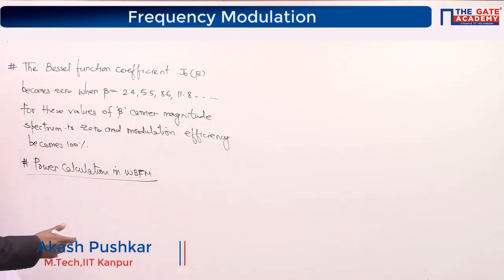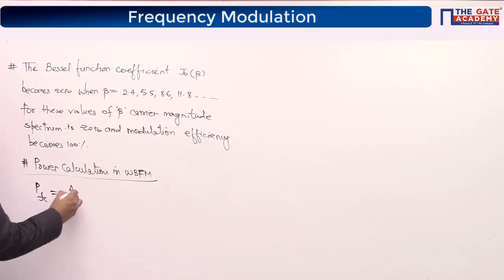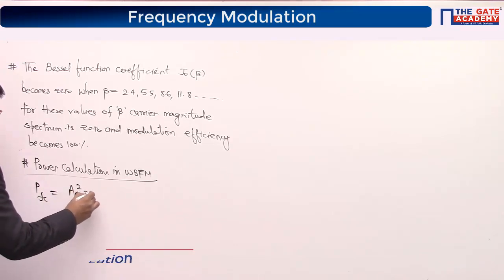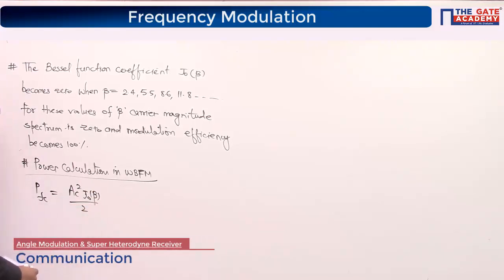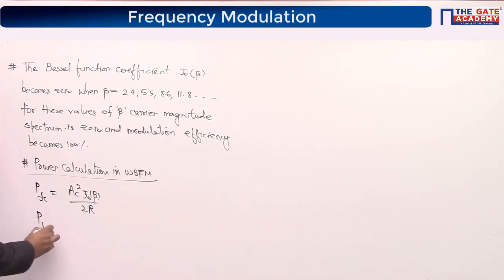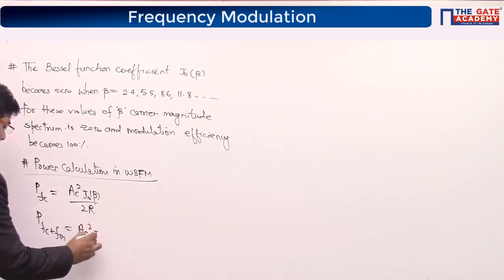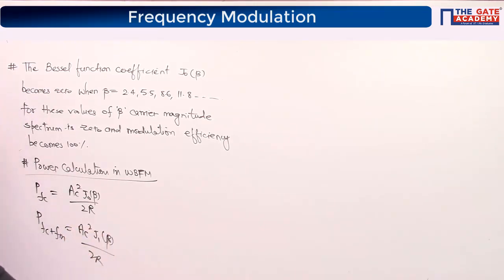So now guys, first let's find power at carrier frequency. You know how to do that. You will take AC J naught beta, square it and divide by 2, and you can also use R as antenna resistance. Similarly, we can also find power at Fc plus Fm. So we'll write AC square J1 square beta by 2R.